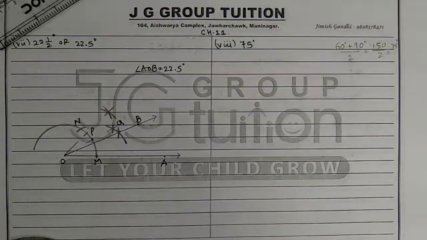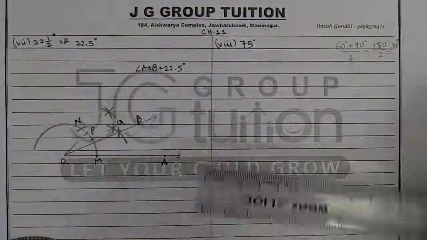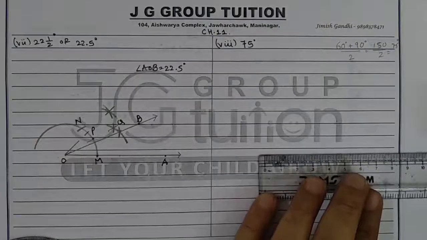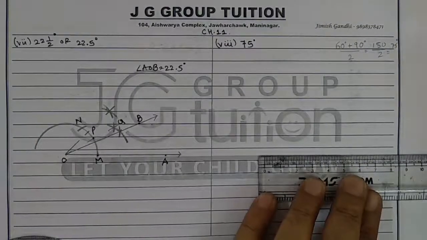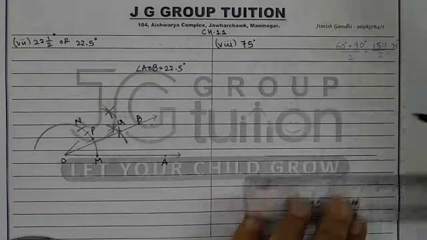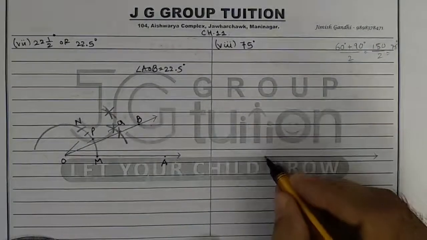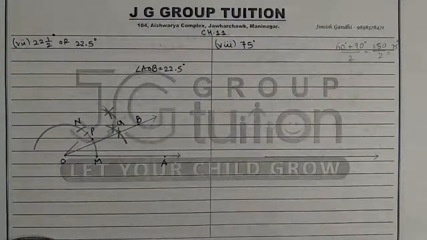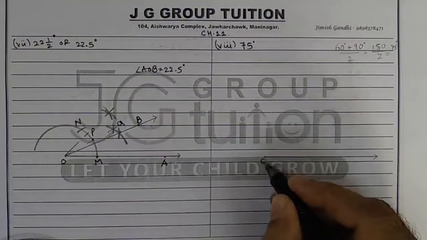So now let's construct 60 and 90. First the base angle, that is 60, which we have to construct. And we earlier learned how to construct the 90 degree. So first we construct 60, and for 90 we should construct 120.